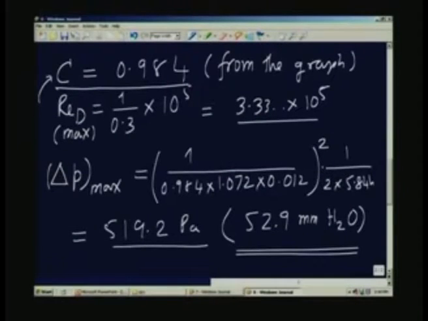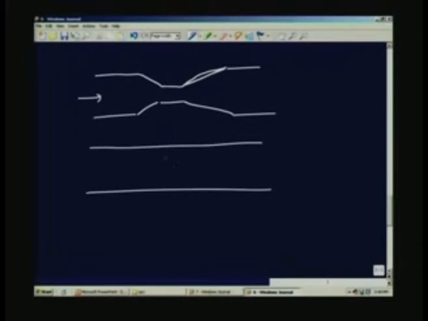Now, let us look at what is going to happen if I do the following. I am having the venturi. This is the first case which we did. So I want to compare with the case of a nozzle.